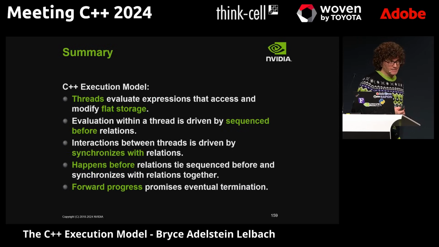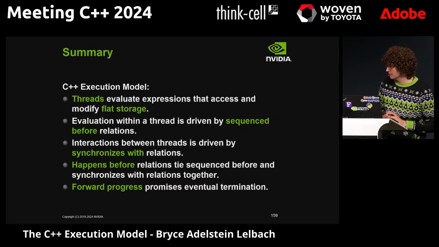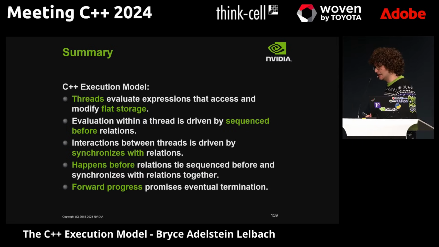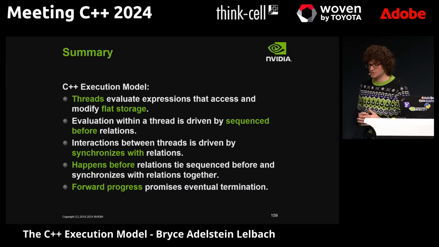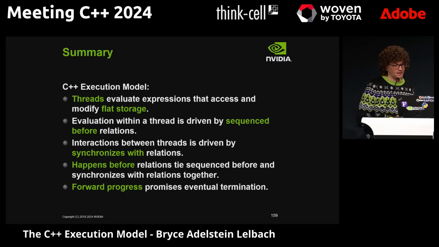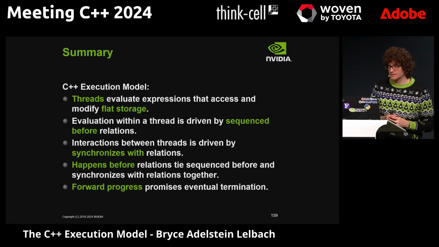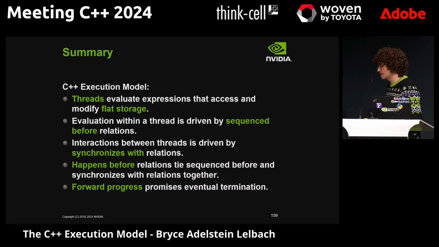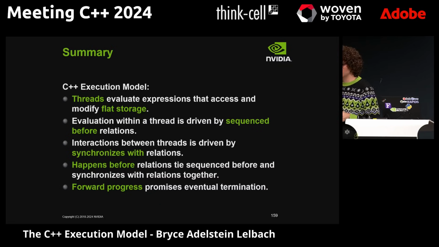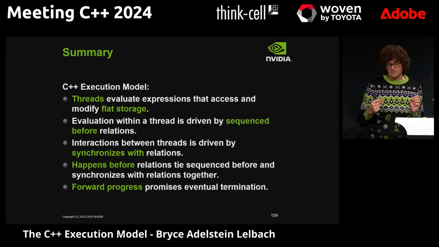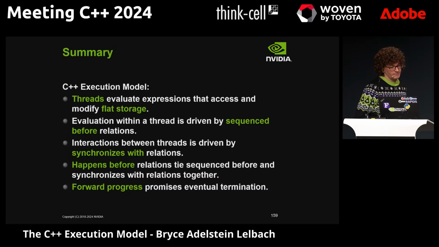So we've reached the end of our journey here. And so to summarize in a slide, in the C++ execution model, we have threads that evaluate expressions that access and modify objects in flat storage. The evaluations within a thread are driven by the sequenced before relationship.